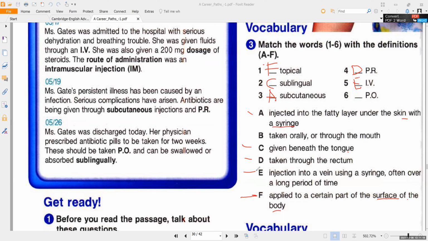Finally, PO is B, taken orally or through the mouth. So we have these six types of medication that patients have when they are sick, and they can take the pills or the therapy or the medicine through them. Now we go to the vocabulary.